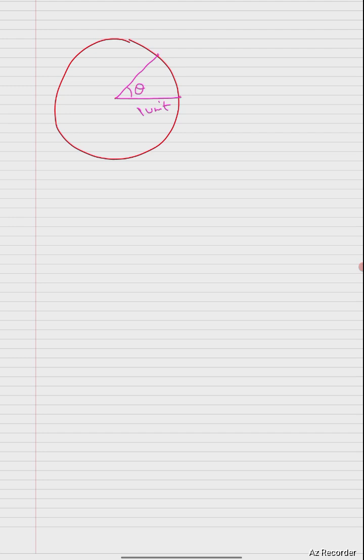This line subtends an angle theta. Okay. Now at this point, what are the coordinates? If radius is 1, let us write the coordinates of this point. Okay. X comma y. What are the coordinates at this point? Now suppose this is the line that is making angle theta with the x-axis or horizontal line.